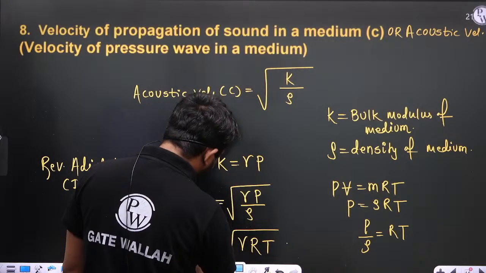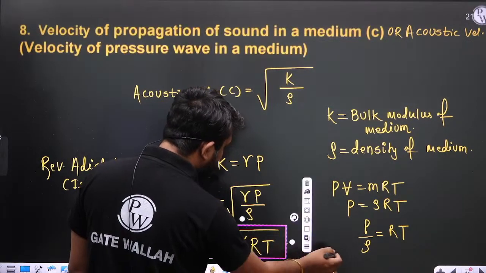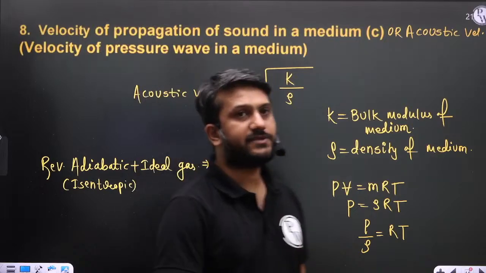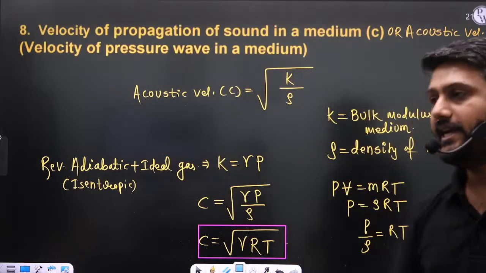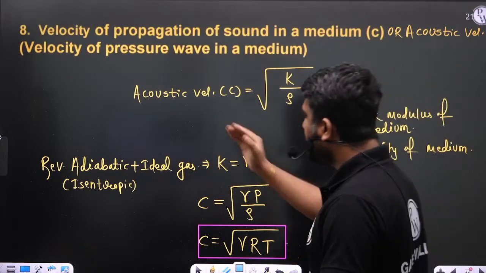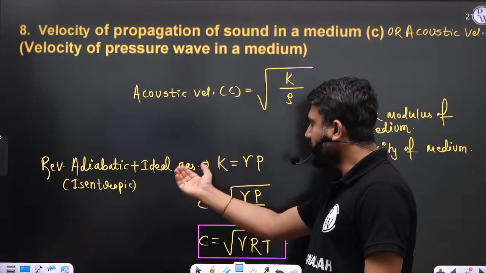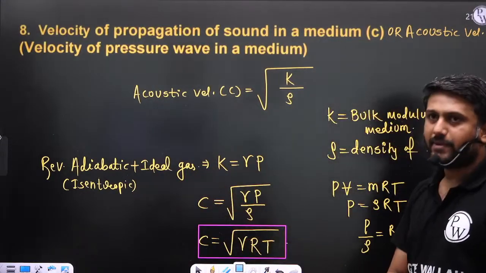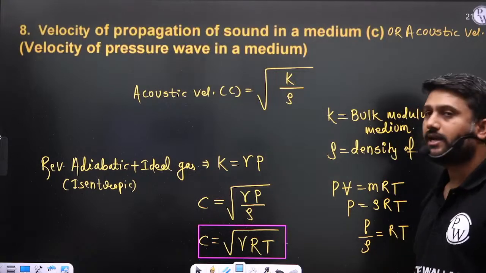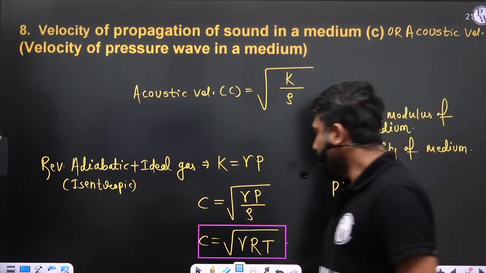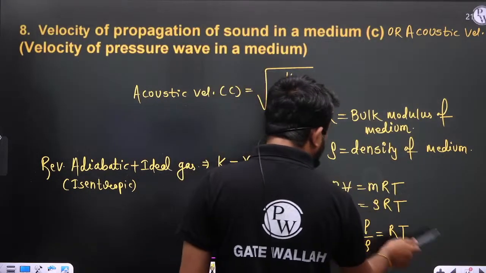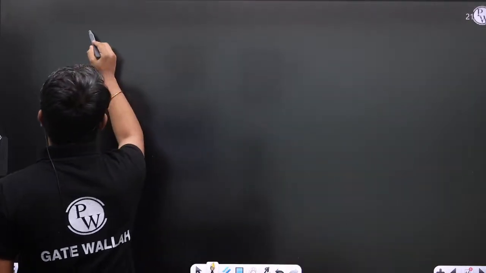Right? So this is a very, very important expression. Acoustic velocity in a medium under adiabatic condition, under isentropic condition, and the substance or medium is an ideal gas, then in that particular case we can write C is equal to root over gamma RT, where gamma is the adiabatic index.